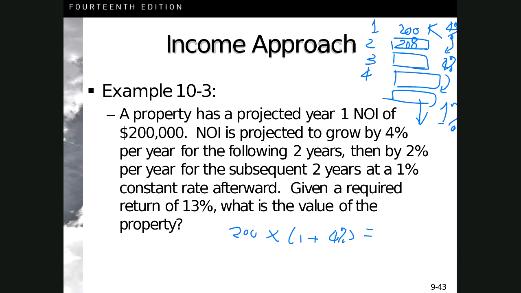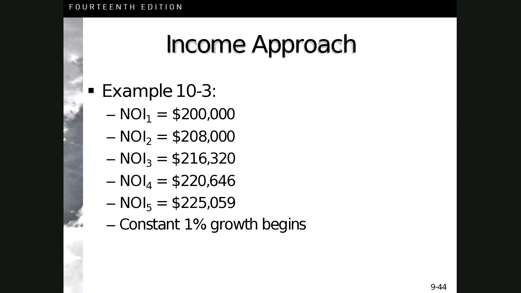Good. Okay. Seems everybody's getting a handle of it. So we're really looking at the whole schedule, right? 4%. Then on top of that, 4%. Right? And then on top of that, 2%, 2%, and 1% thereafter.